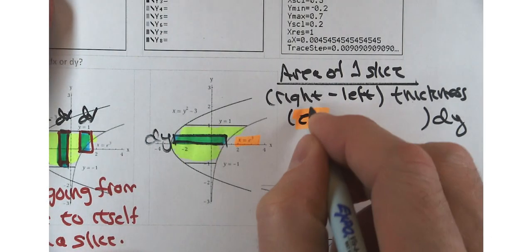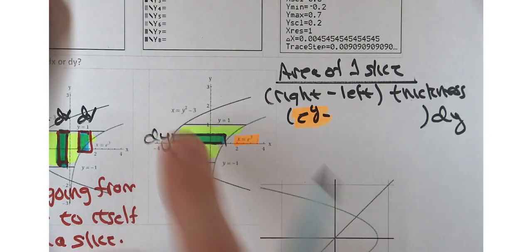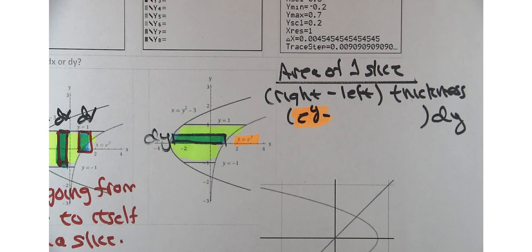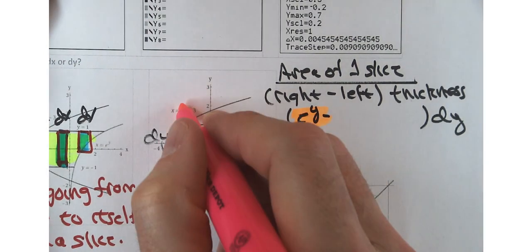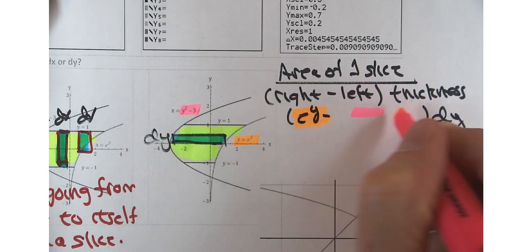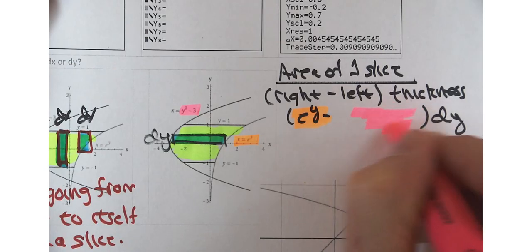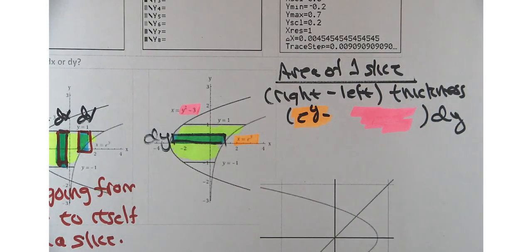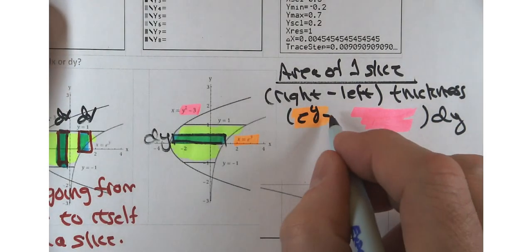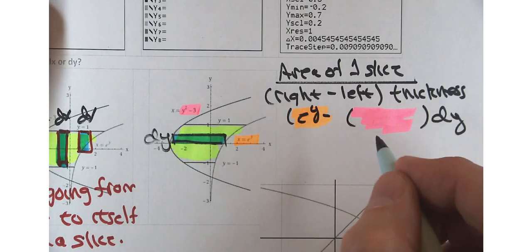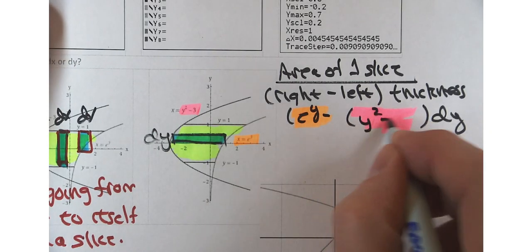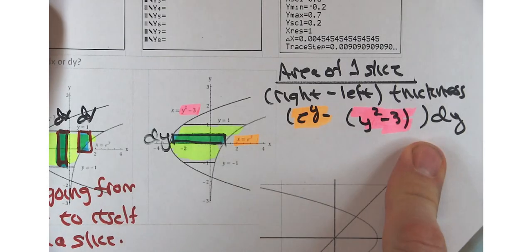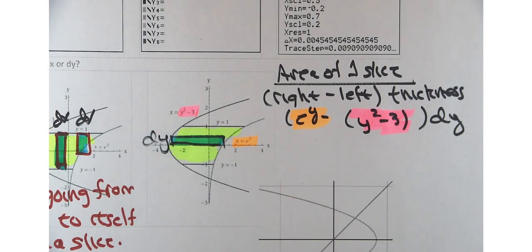And the leftmost function is this one over here, y squared minus 3. So I want to subtract right minus left. Again, you got to be careful with the parentheses: y squared minus 3. But there we go. There's your expression for the area of one slice.